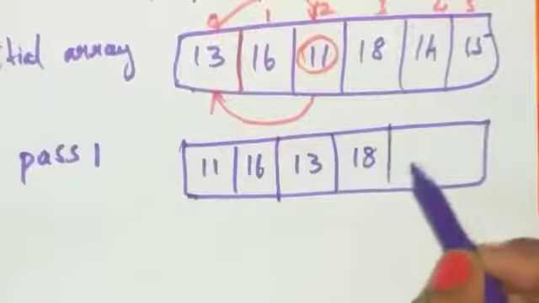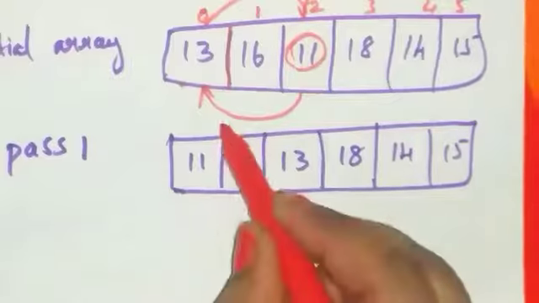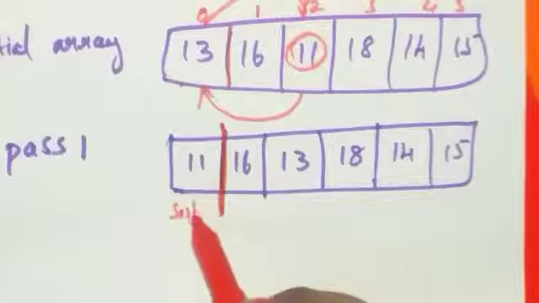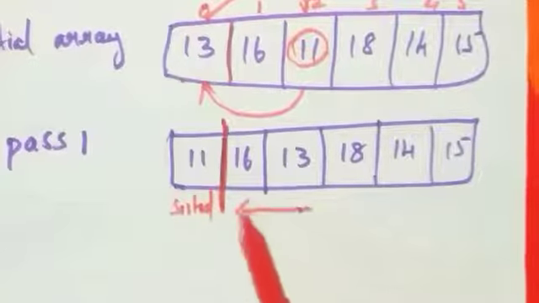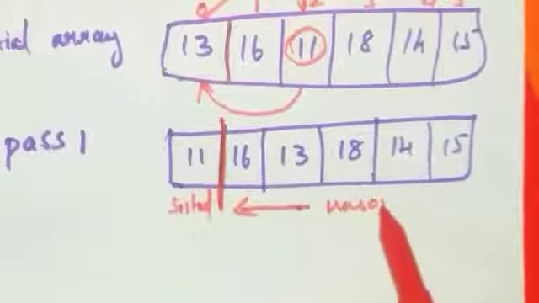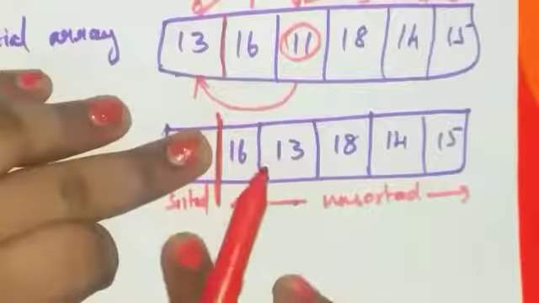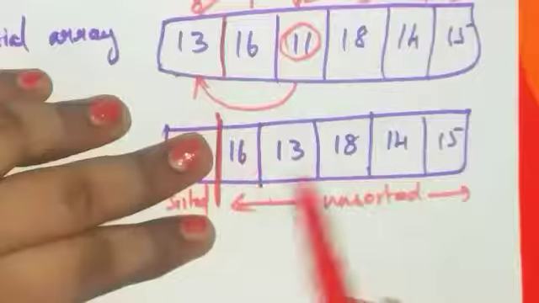Write the remaining elements. Now this element is in the right position, so it is the sorted element. Leave it and concentrate on the unsorted elements.